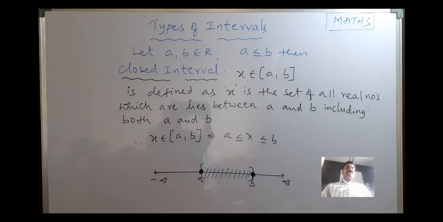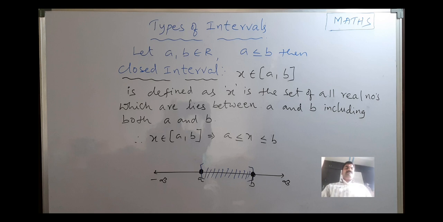Now clearly the shaded region, the line which I shaded here with blue color, indicates the set of all real numbers which lie in between a comma b. And if you observe, exactly at a and at b, I made a dotted circle, shaded one, isn't it?